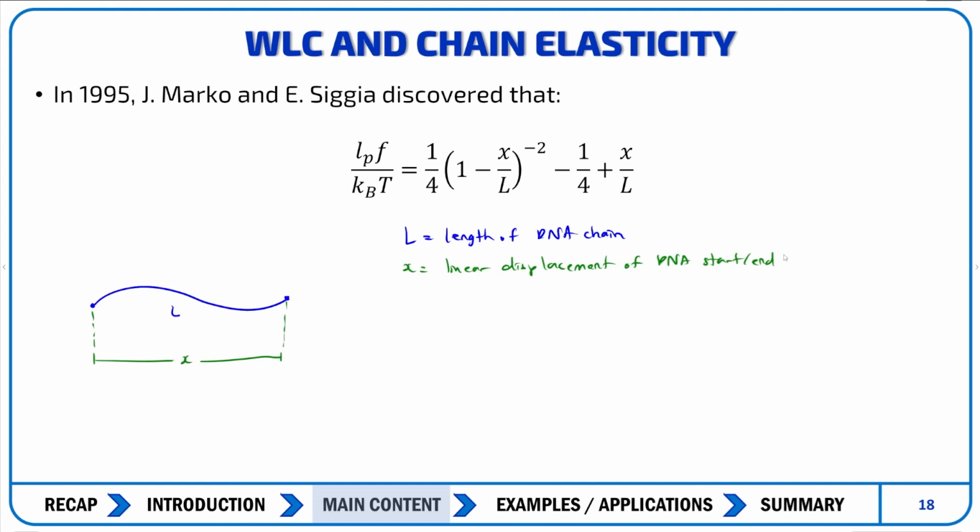Essentially, that can be the distance between the 5' and the 3' ends. We then have F being the external force applied. And then we have LP being the persistent length.